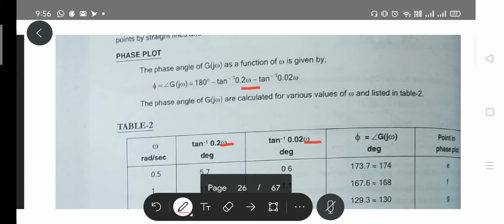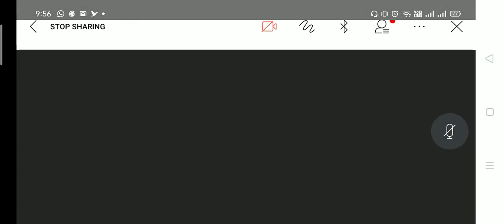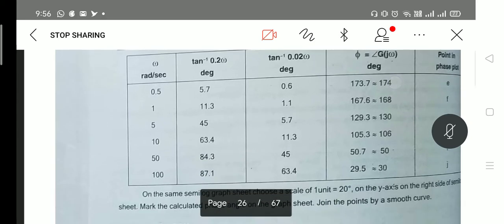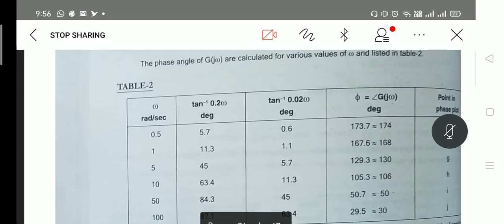Then the phase is 174. Same way we can substitute 0.5, 1, 5, 10, 50 up to 100. We will get phase values like this: 174, 168, 130, 106, 50, 30. These are the corner frequencies and these are the phase values.